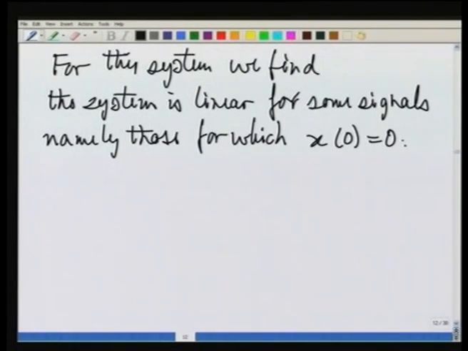For such input signals for which x(0) equals 0, the system is linear.